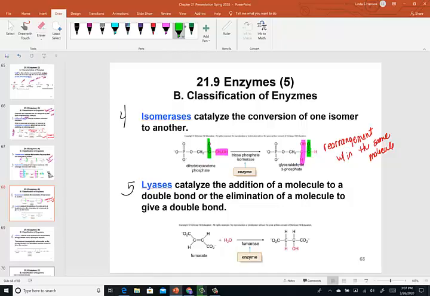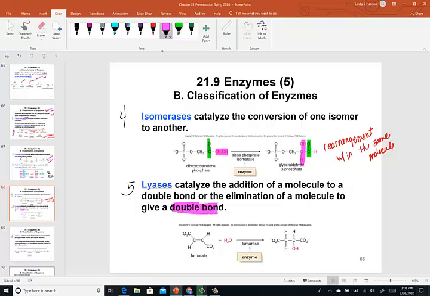How about in number 5? Lyases. Lyase. Those are enzymes that catalyze the addition or the elimination to either add or subtract a double bond. That's the key of this whole definition.